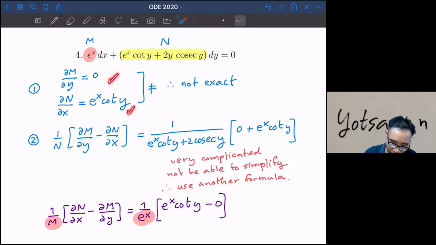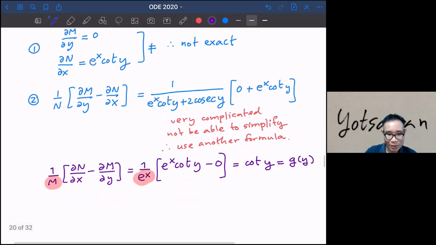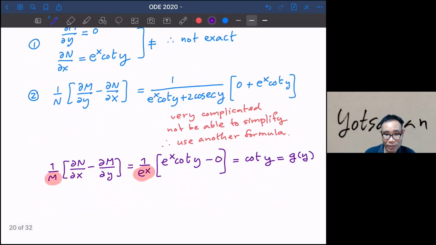They come from here, dN/dx and dM/dy, and you see that it's going to cancel and turn out to be cot y. So you see, very simple. And this one is your g(y), the function in y that we use notation g instead.